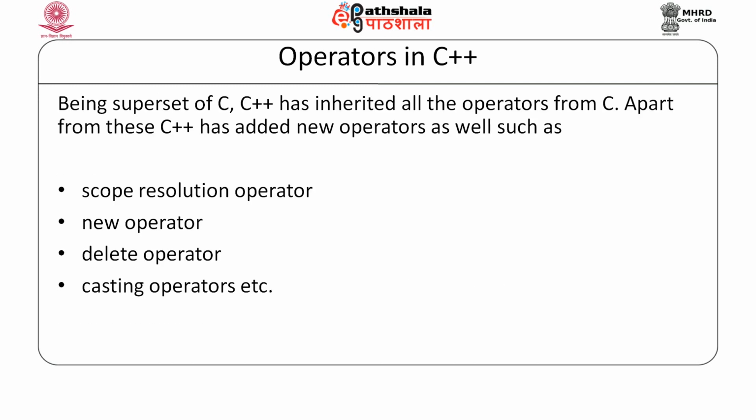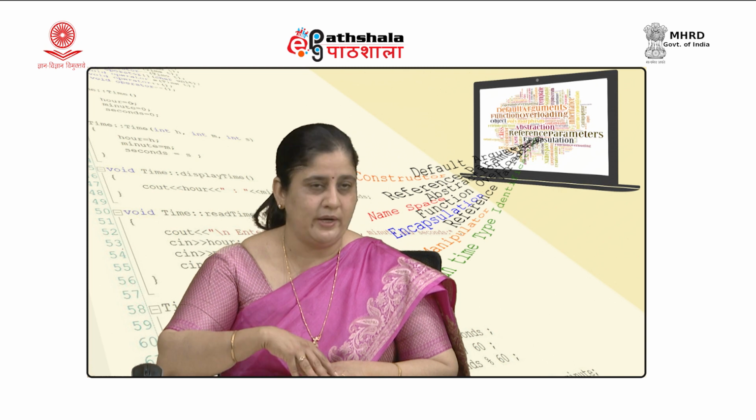Okay. Now, let us have a look at operators in C++. As we say that C++ is an extension of C, whatever operators which are valid in C are also valid in C++, and they are used more or less in the same way as we use them in C. But apart from those operators that C++ has borrowed from C, C++ has also added its own operators.